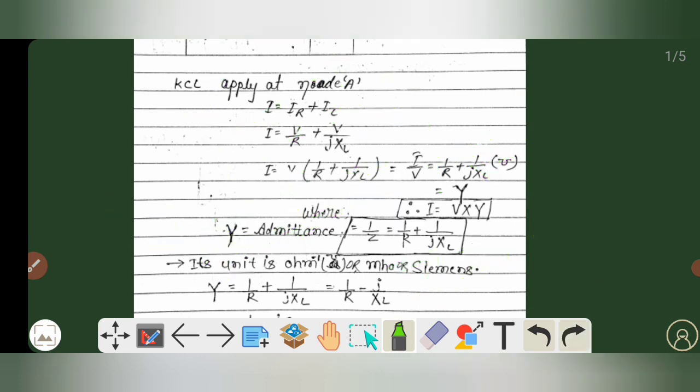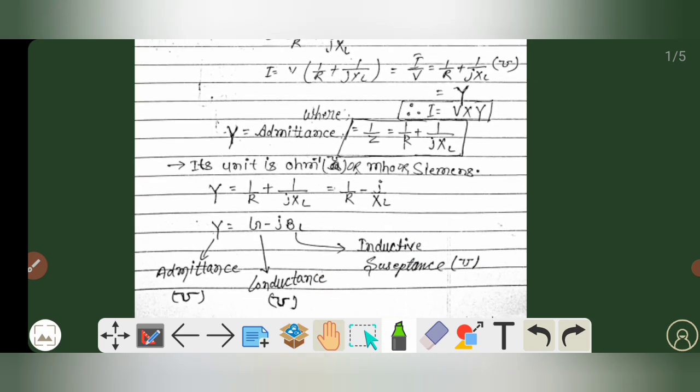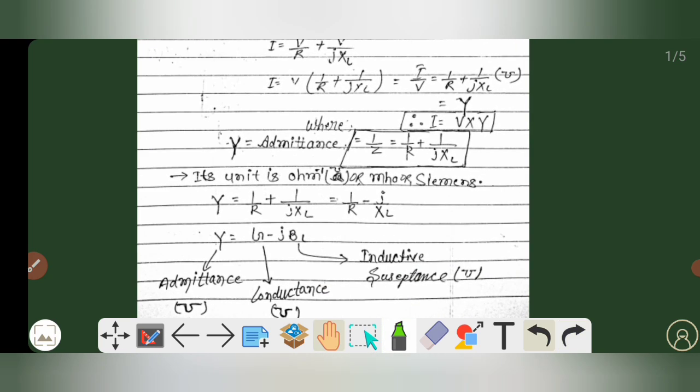So there is a relationship between the admittance Y and the impedance Z, that Y is equal to 1 by Z. The unit of admittance is the reciprocal of resistance or impedance, known as Siemens, Mho, or ohm inverse.